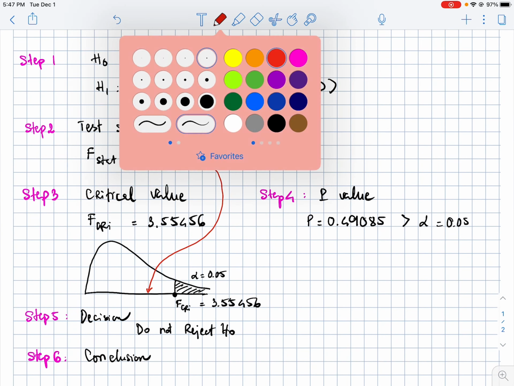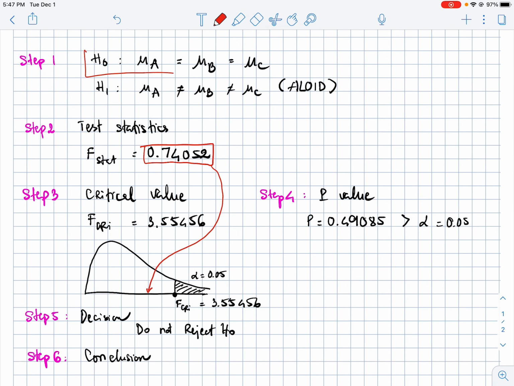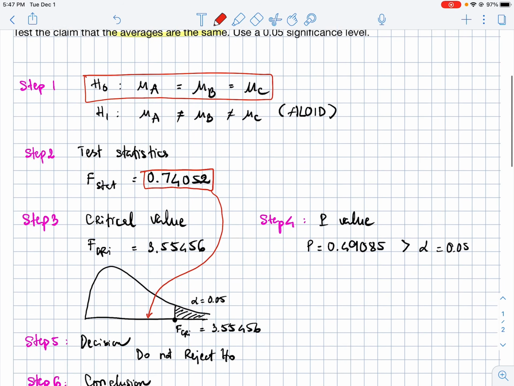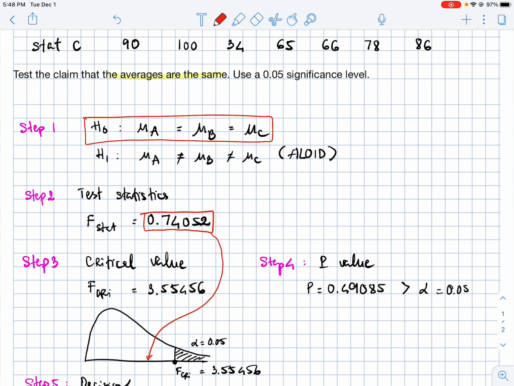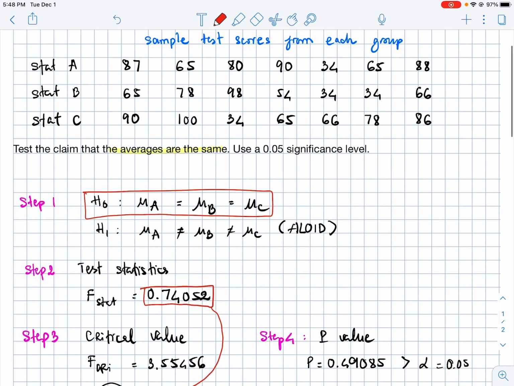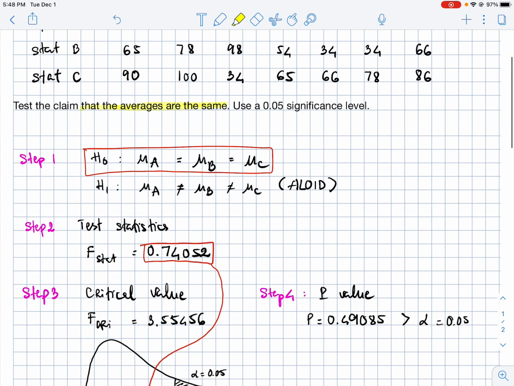If we do not reject the null, that means the null might be right. So the null said that the average in class A is the same as the average in class B is the same as the average in class C. So we will answer the question that the claim supports that the averages are the same.